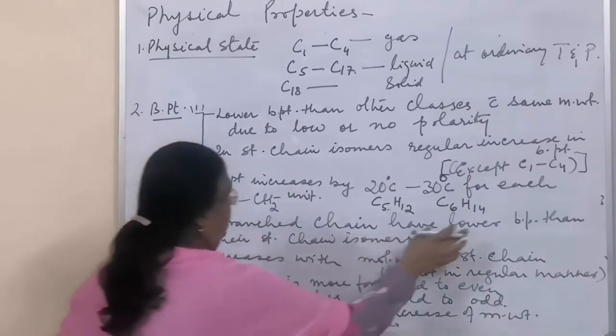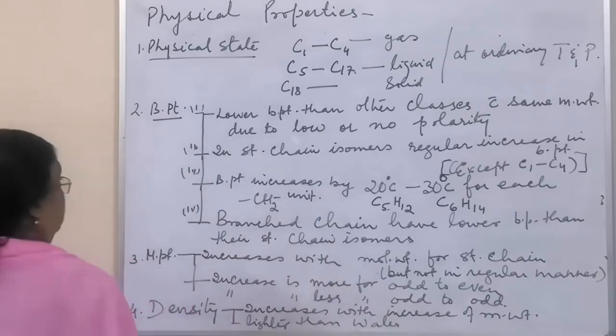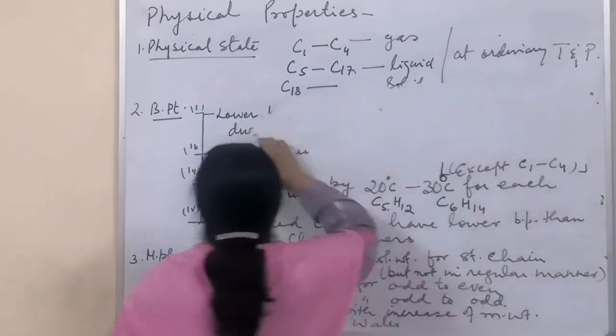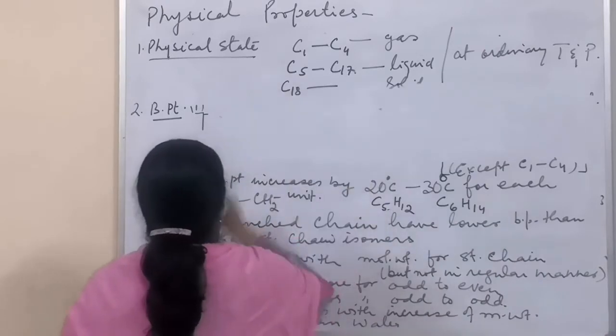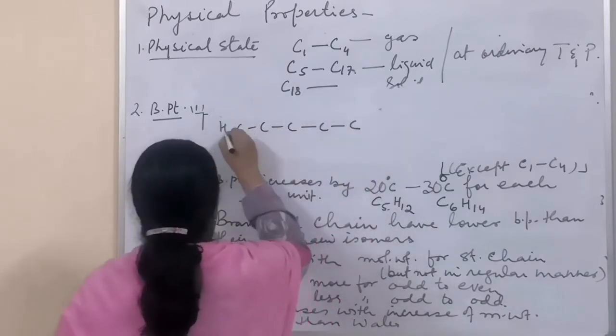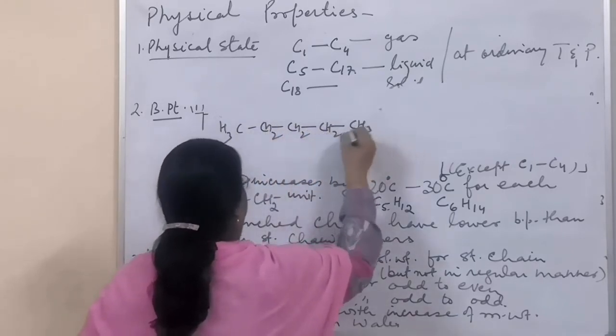Branch chain have lower boiling point than their straight chain. Let me explain this here. Suppose you have this compound 1, 2, 3, 4, 5. This is your straight chain pentane, normal pentane.